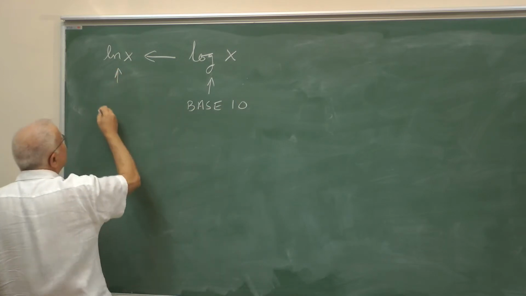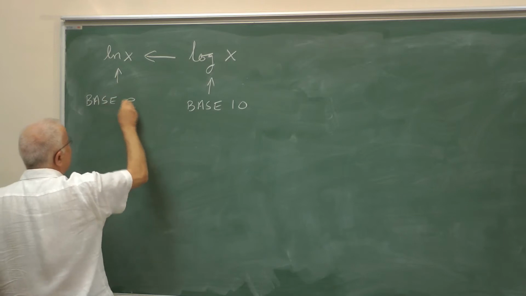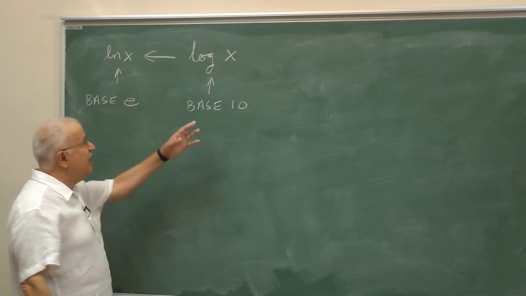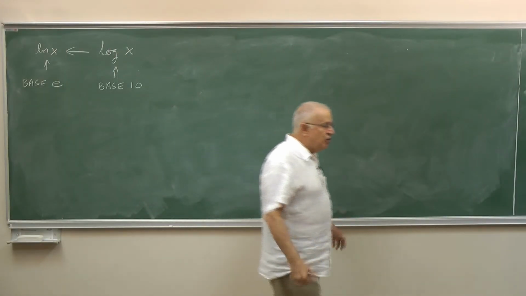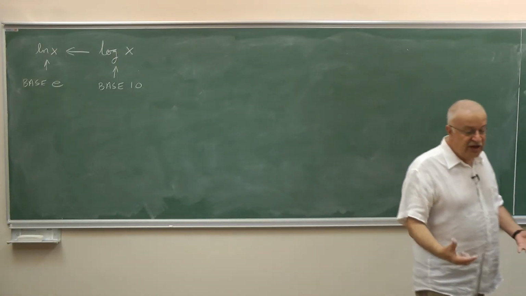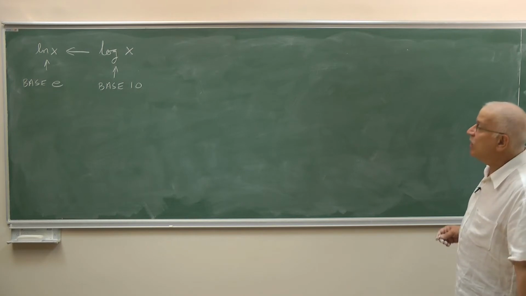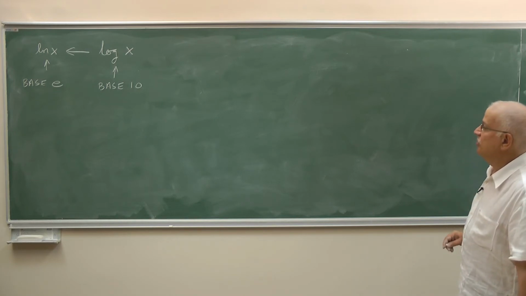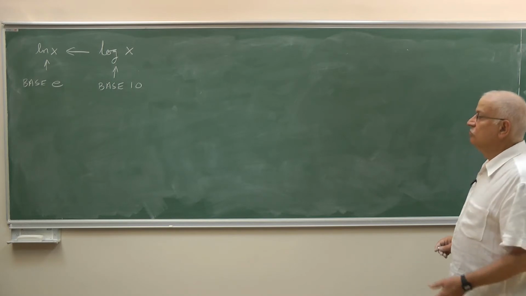This is to base e. 10 is a nice number based on a biological accident because we have 10 fingers. E, of course, is something that arises from calculus. It is more sophisticated, and computer people use the base 2.